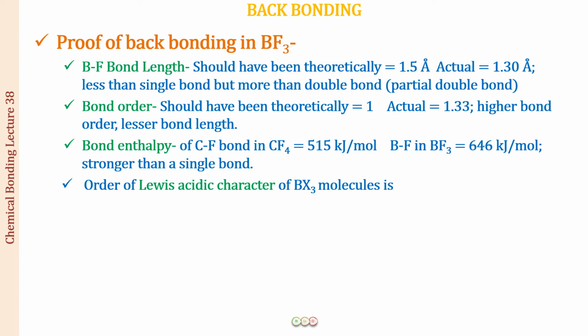So Lewis acid character depends upon the easy acceptance of the lone pair of electrons. And in the case of the boron halides, you understand that boron is going to be electron deficient, right? Boron trihalide is what I'm talking about.